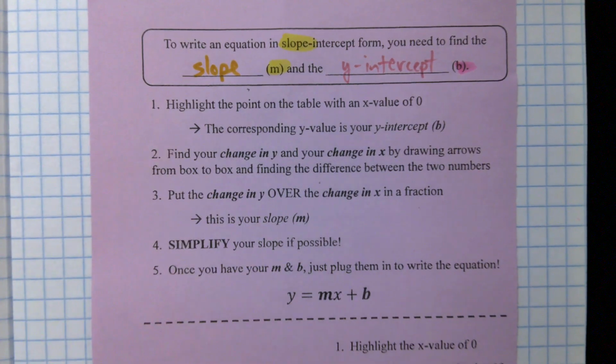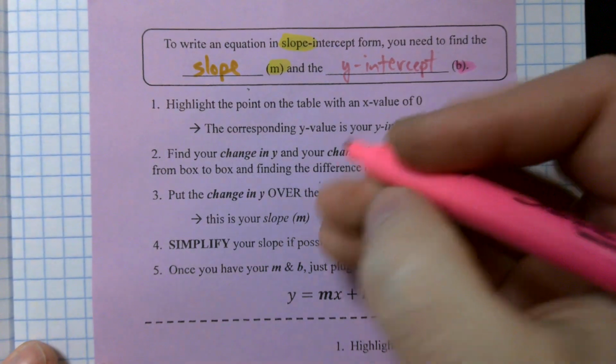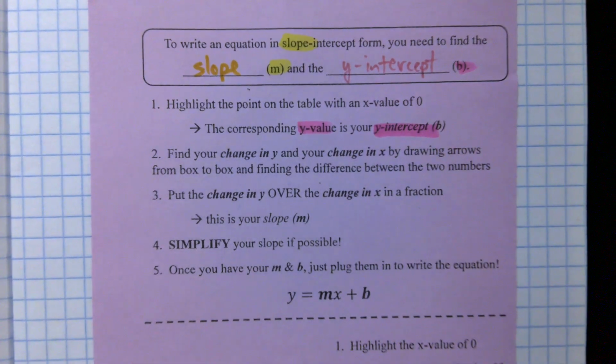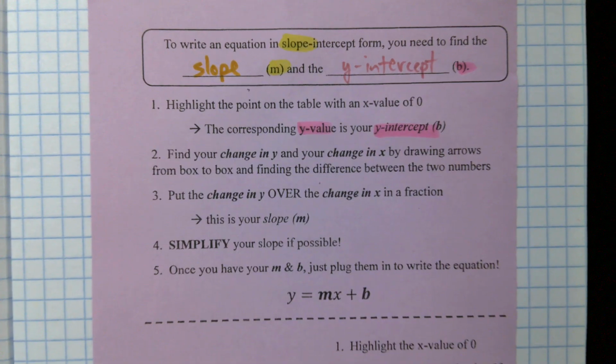And I'm going to highlight that point on the table because that y value is going to be my y-intercept. So again, B is very easy to find. I'm just using my eyes once again.